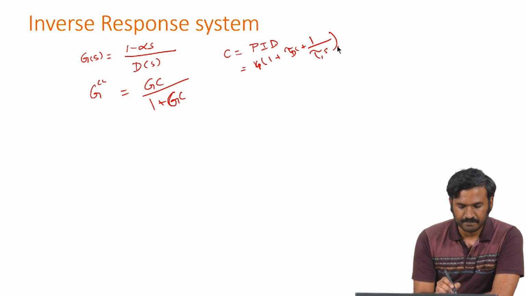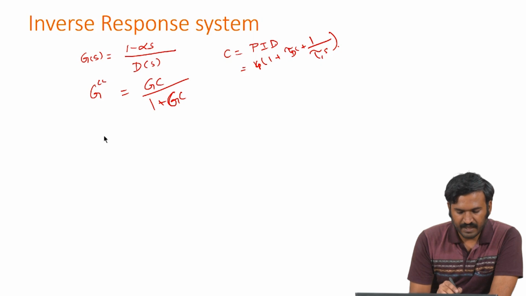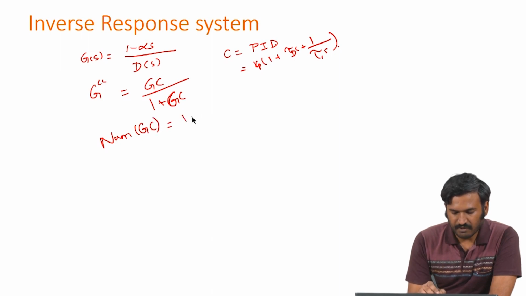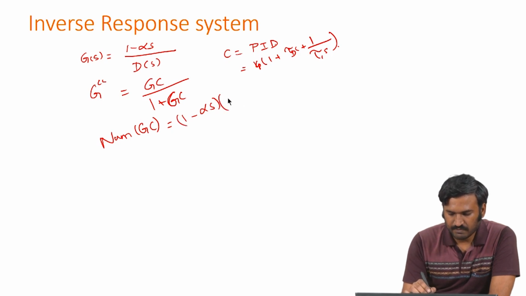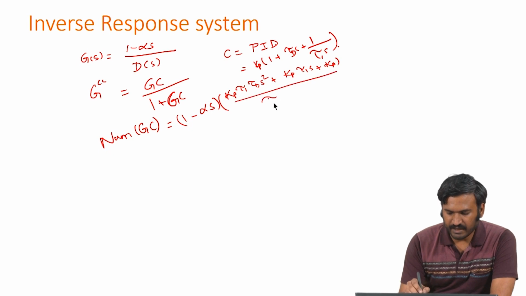In this case, the numerator of GC will be 1 minus alpha s into Kp tau i tau d s square plus Kp tau i s plus Kp, divided by tau i s.